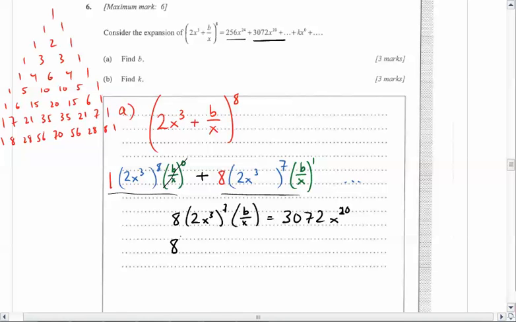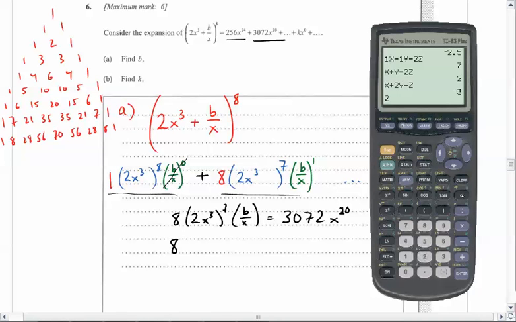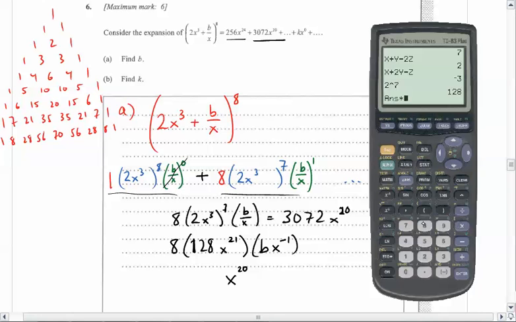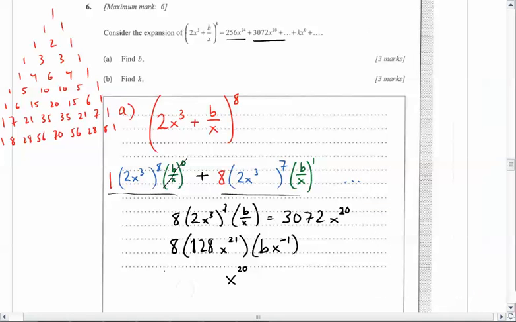Okay, so 2 to the power of 7 is 128. So in here I get 128 x to the 21. And remember, b over x can also be written as bx to the negative 1. So that when I put those two x's together, 21 minus 1 will give me 20 x's. 128 times 8 is 1024.